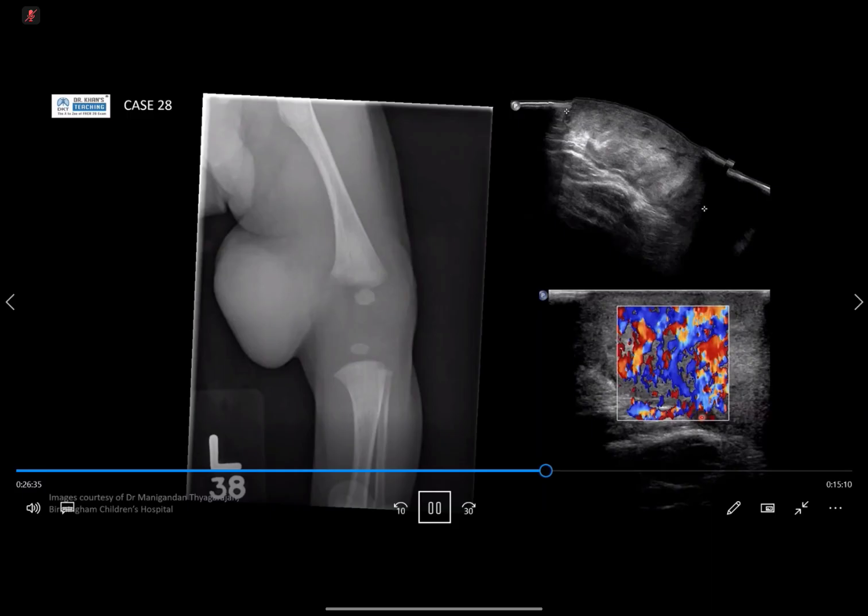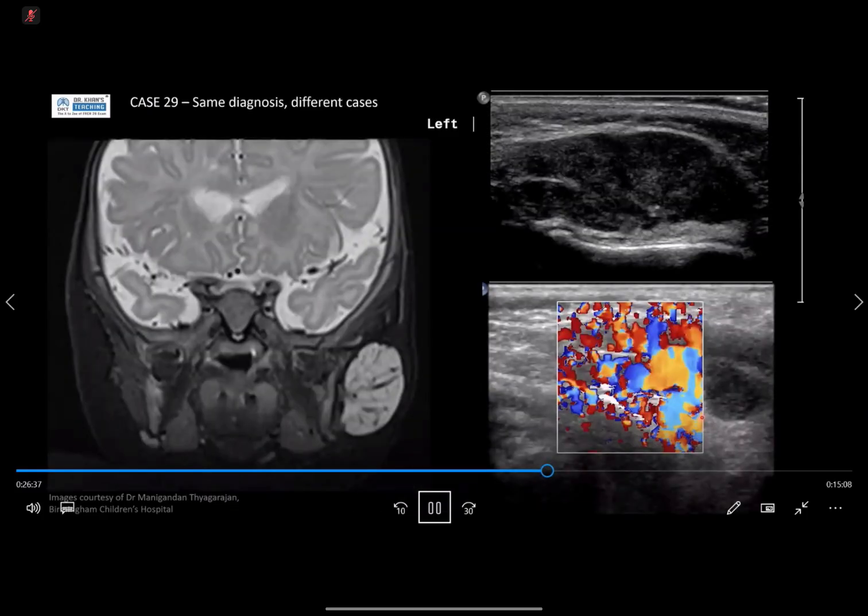Okay. Same diagnosis, different case. And then after you kind of go through this, you tell me what you think, so what your conclusion is. Okay, so this is a T2 weighted MRI coronal of the brain.